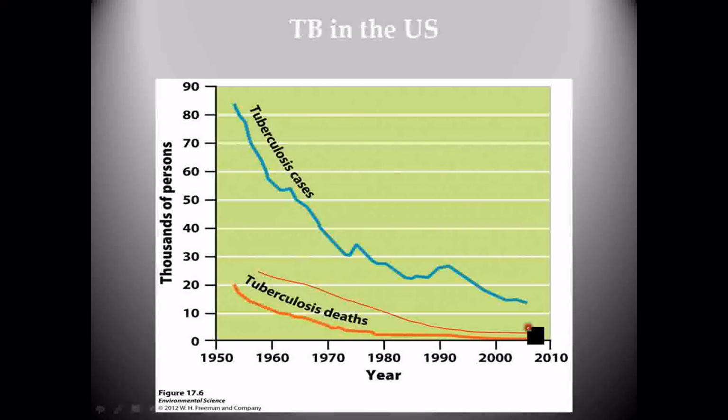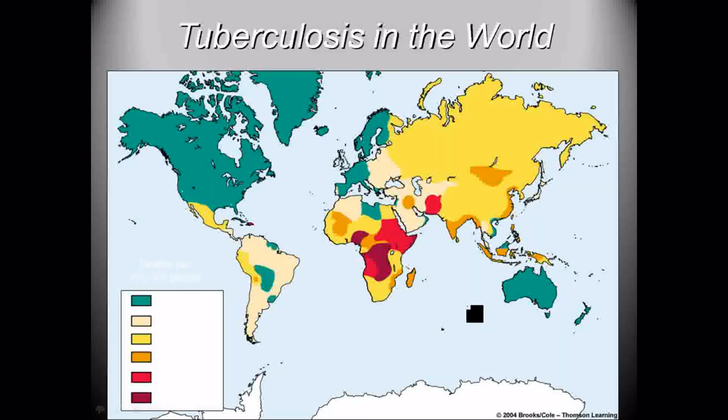And yet, we still concern ourselves. If you could see this past 2010, you would see a slight uptick in TB cases here in the United States. That's tuberculosis. Here it is around the world, and you can see that tuberculosis is much more of a problem.